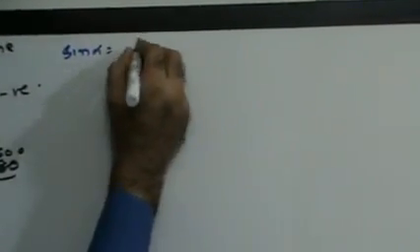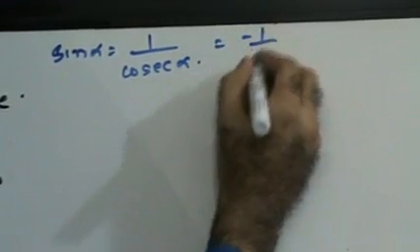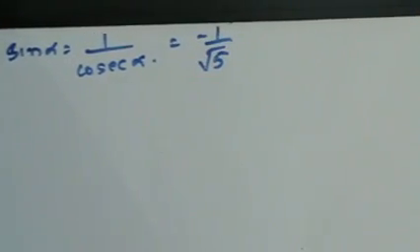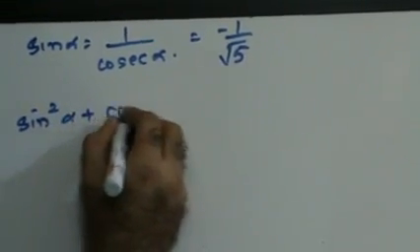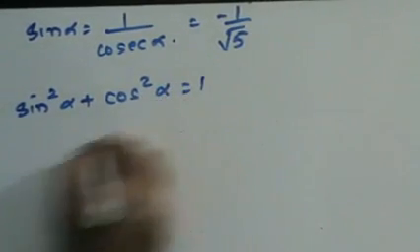Cosec alpha is going to be negative root 5. Right? Once I know the value of cosec, I can find out sine. Sine alpha is nothing but 1 upon cosec alpha. So that's minus 1 upon root 5. Once I know sine alpha, I can say that sine square alpha plus cos square alpha is equal to 1.